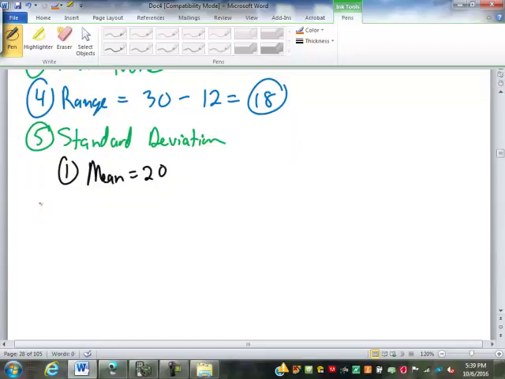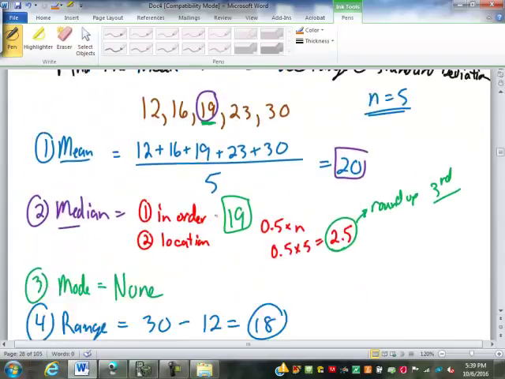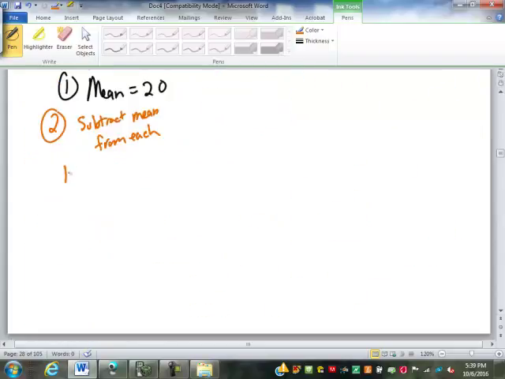What's step 2? Subtract the mean from each. So we have what? 12, 16, 19, 23, 30.